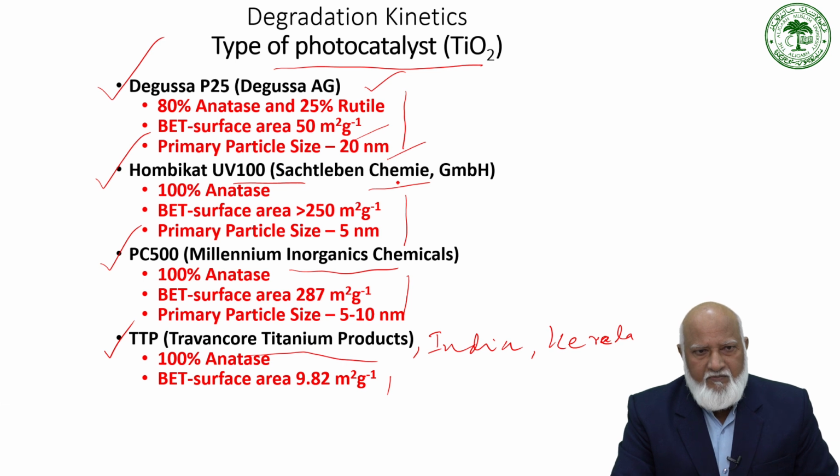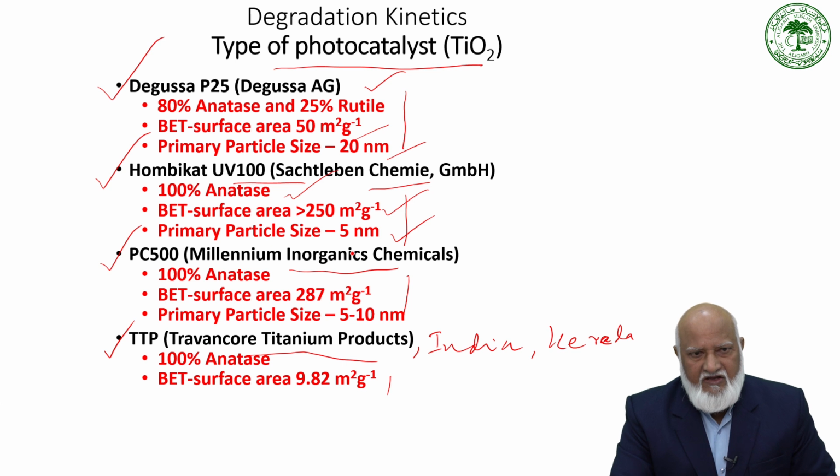On the other hand, Hombicat UV100 from the German company is 100% anatase, with a very high BET surface area of more than 250 square meters per gram, and a size of just 5 nanometers.